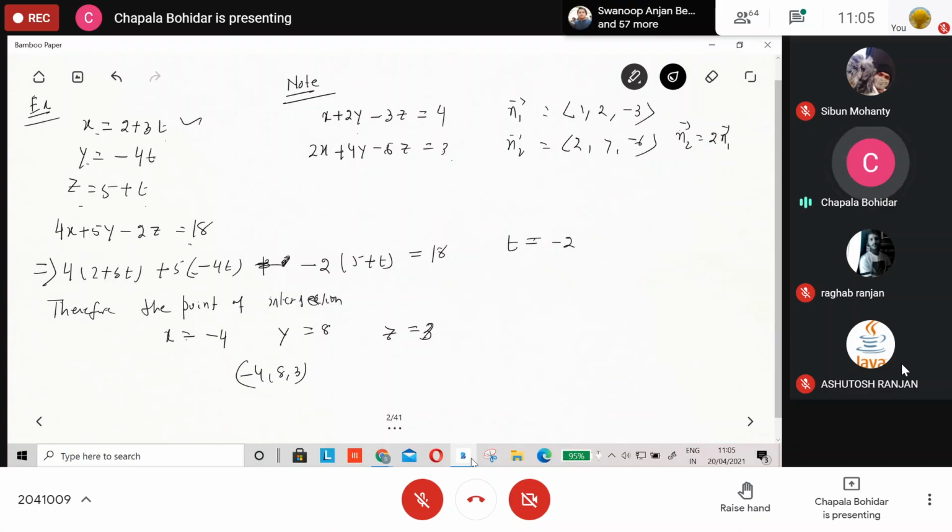Okay. Second part. This is your first one. Second part. If two planes are not parallel, then they intersect in a straight line.